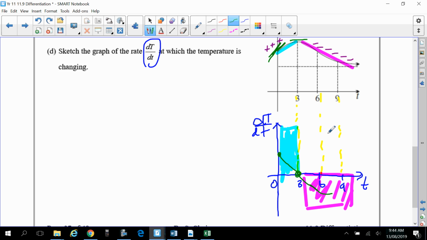Be careful that the gradient approaches 0. But be careful at 6, remember the gradient was the most negative. So after this point, it should go up, because that's the most negative, and then approaches 0.